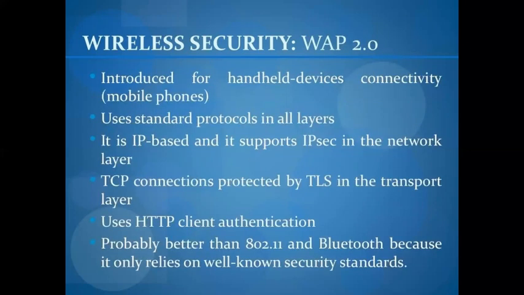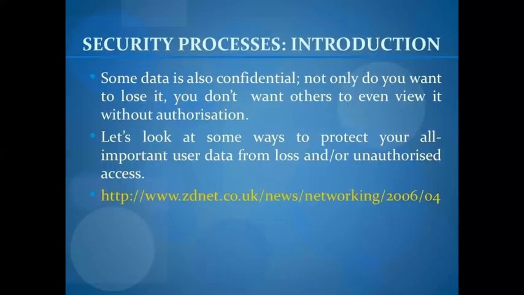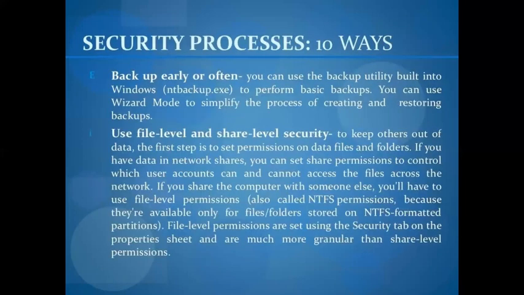Wireless security Web 2.0 involves handling device connectivity, using protocols, then IP is supported, and TCP connections are protected by TLS in the transport layer, using HTTP client authentication, probably better than 802.11 security. Some data is confidential and should not be stolen by another. There should be security processes given.